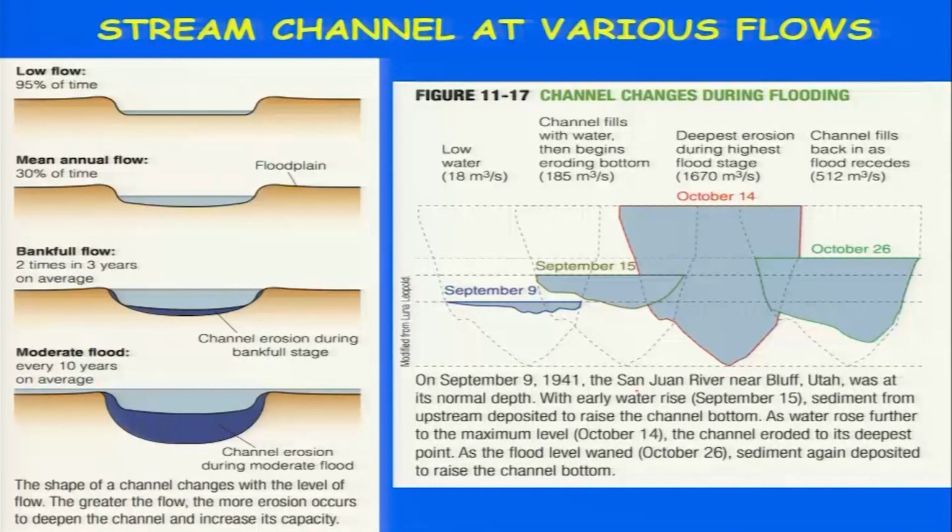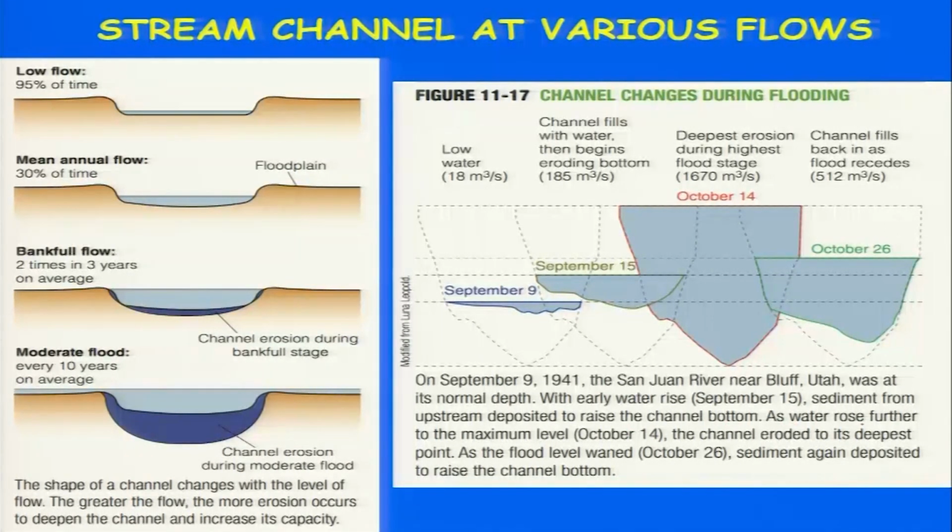This is an example of the San Juan River from the US, and it shows low water flowing through it on September 9, 1941, and this was its normal depth. But with the early water rise on September 15 of the same year, sediment from upstream was deposited and raised the channel bottom.